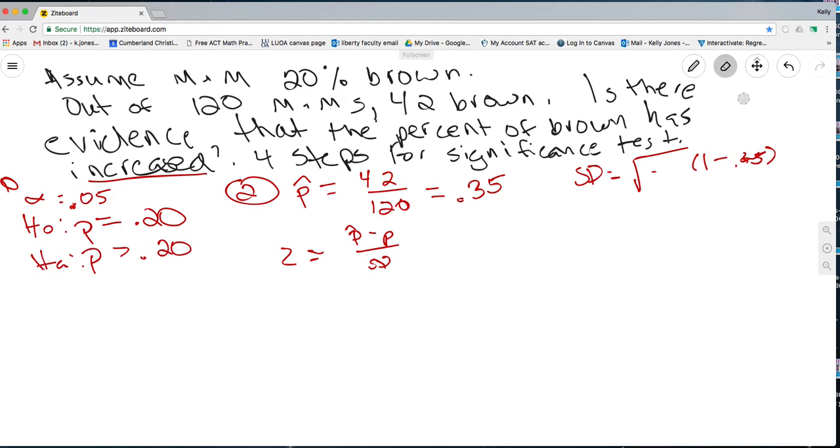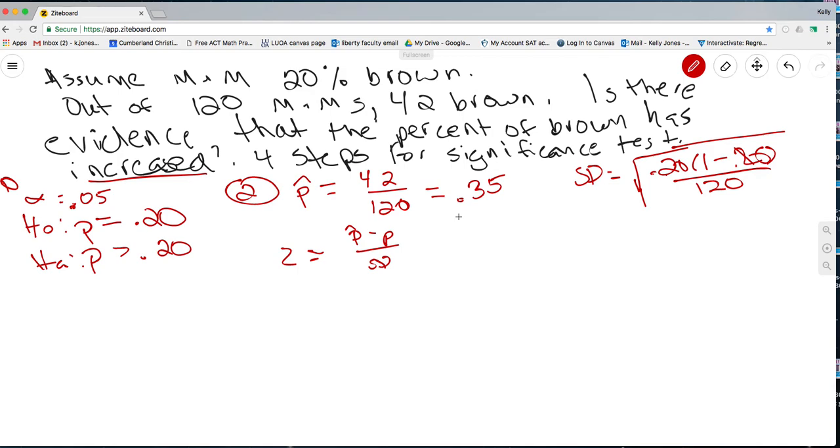We are going to use the assumed value for this one. So we're going to do 0.20 and 1 minus 0.20, and we're going to divide it by 120. That's our n value.